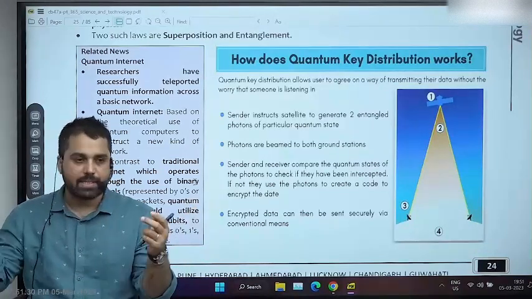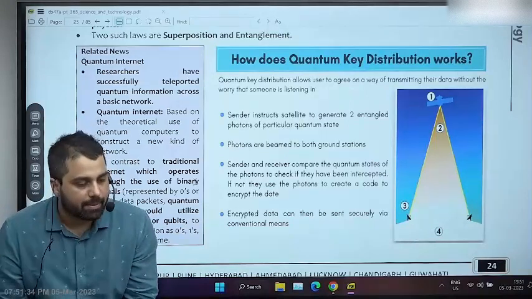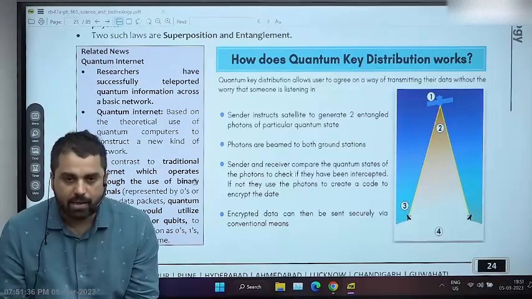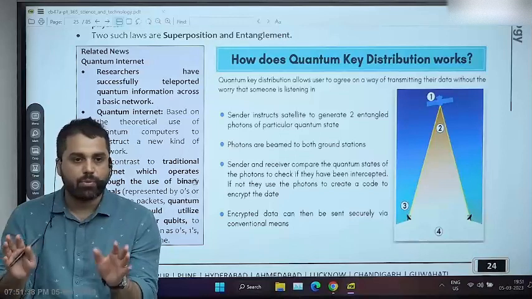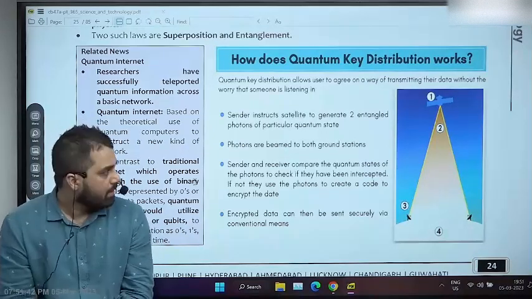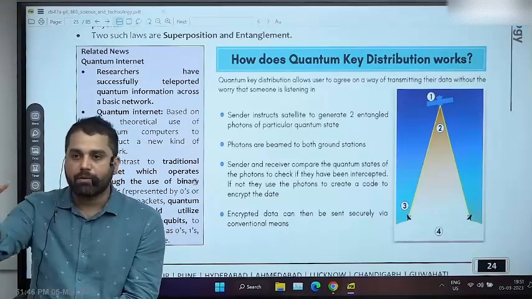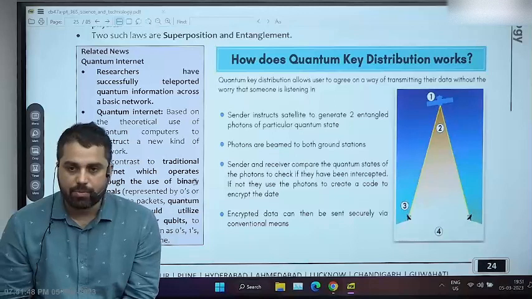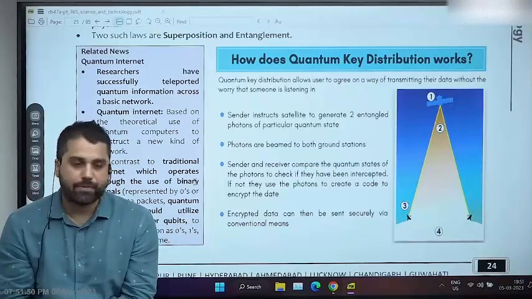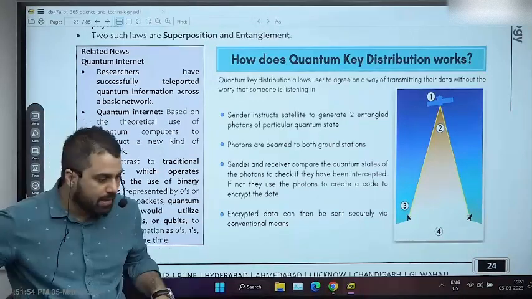This sender and receiver have to find a secure channel of communication. Secure channel of communication का simple मतलब ये है कि अगर कोई eavesdropper है, somebody who wants to listen to this conversation, they should not be able to. So what we can do is share what we call a pair of entangled photons. I'm using a word here, entangled photon. This emerges from a quantum property called quantum entanglement.